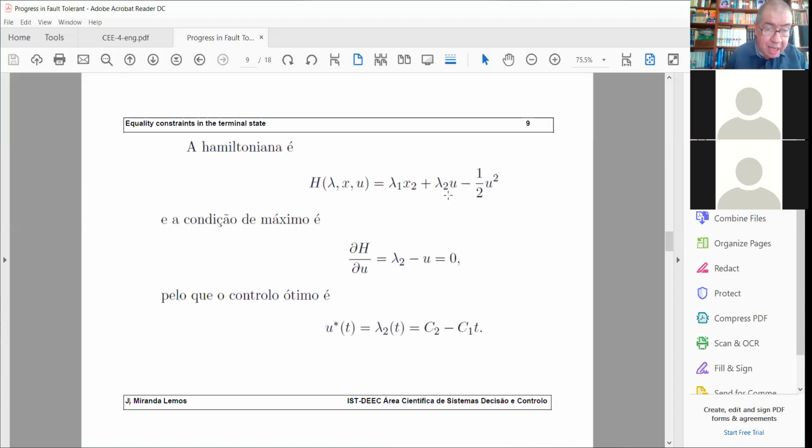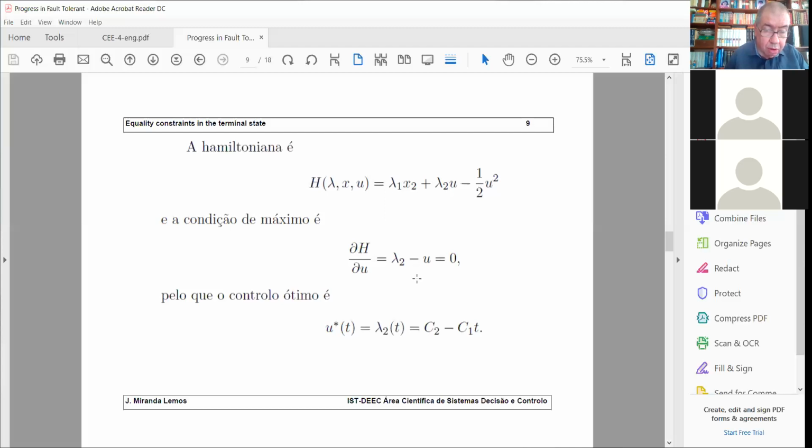So to find the maximum of the Hamiltonian, I just differentiate and equate to 0. This term does not depend explicitly on u, so the partial derivative is 0. And this term is linear in u, so the partial derivative is lambda 2. And the partial derivative of this term is just minus 1/2 times 2 times u, which is minus u.